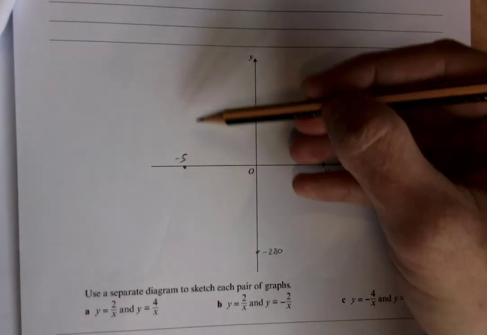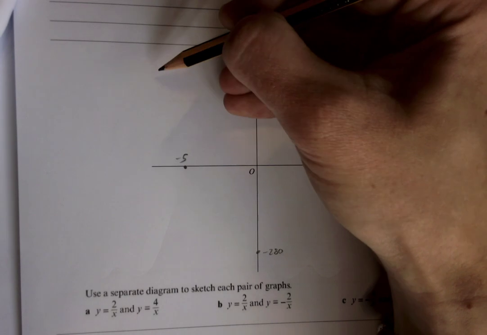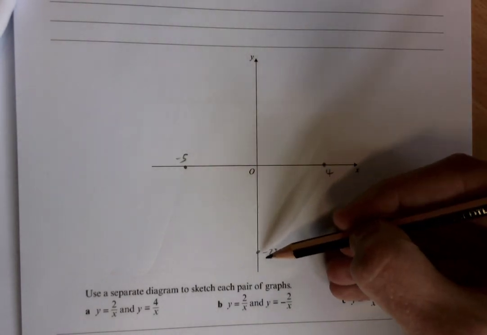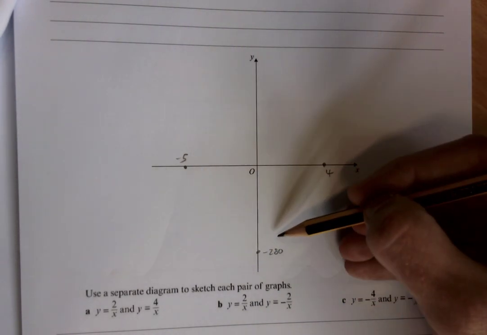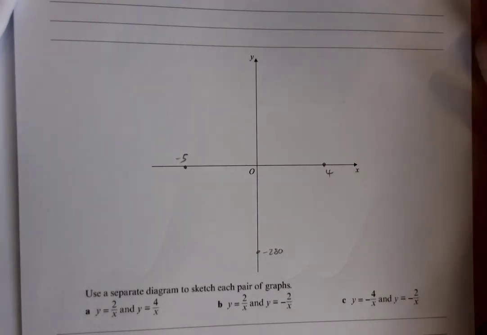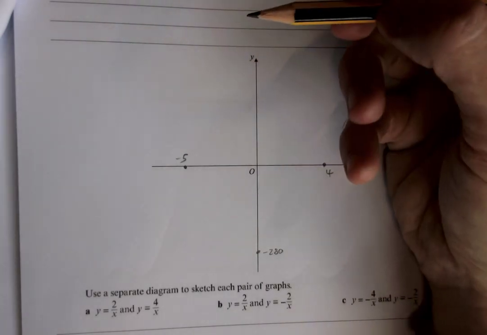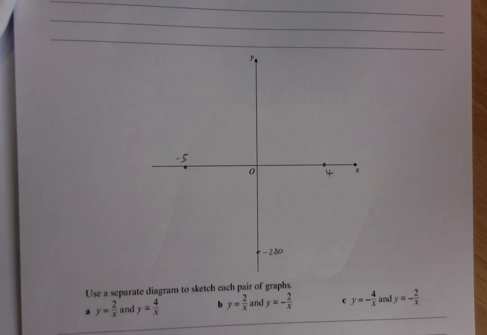And we don't know exactly where the other one is going to be. It could go down and then W and then up, or it could go down and then W and then up. We don't actually know. And I don't think you could be expected to find that out, because that's a much more in-depth question.